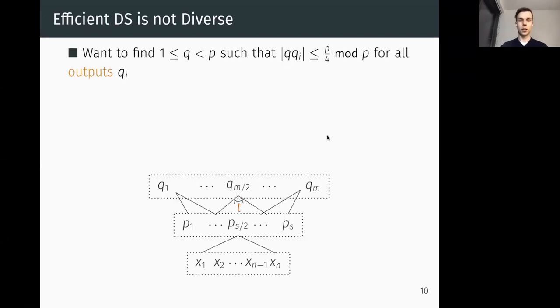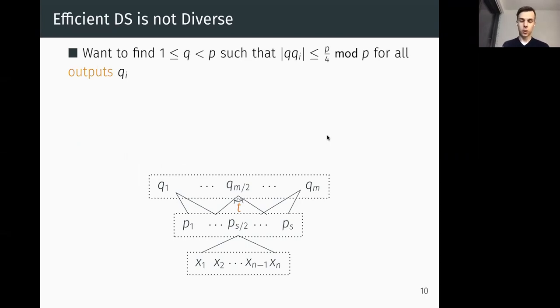That is a simple statement, and it has a simple proof. So how do we prove that? We want to find a multiplier, multiplying by which we will make all the outputs small. But we know something about our data structure.